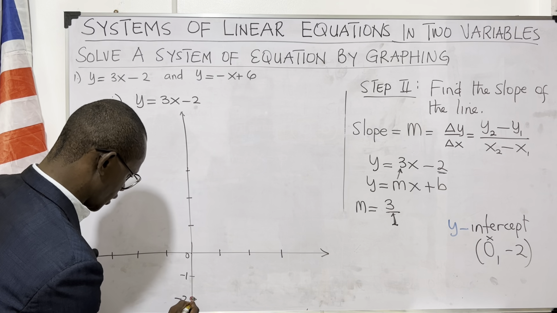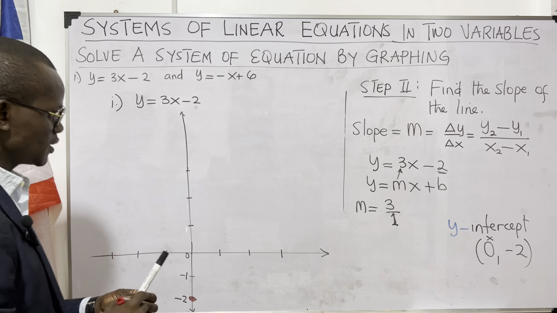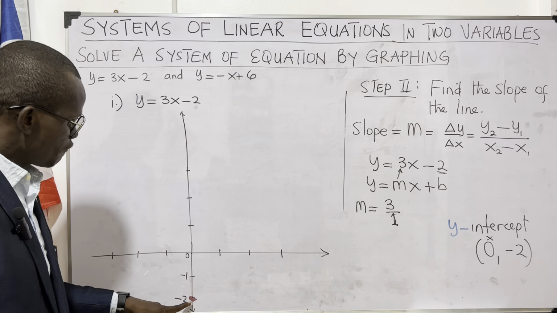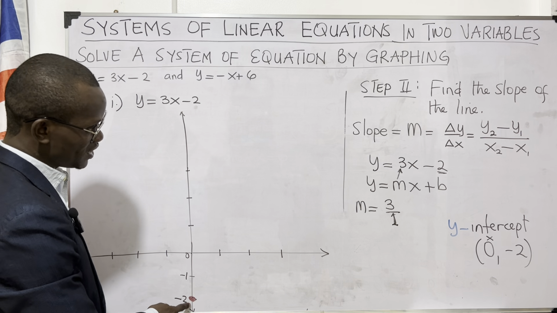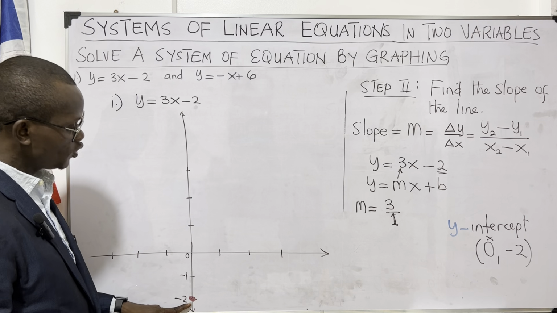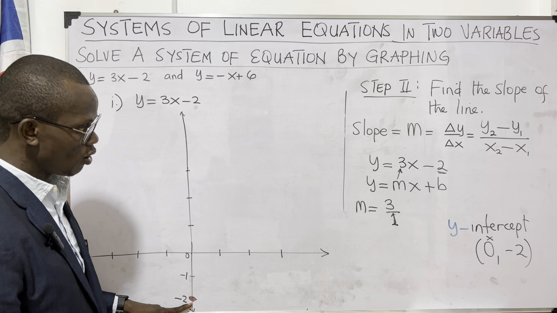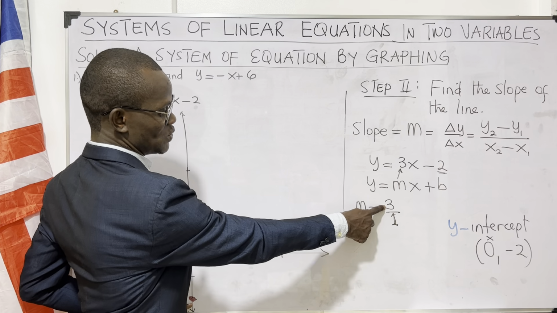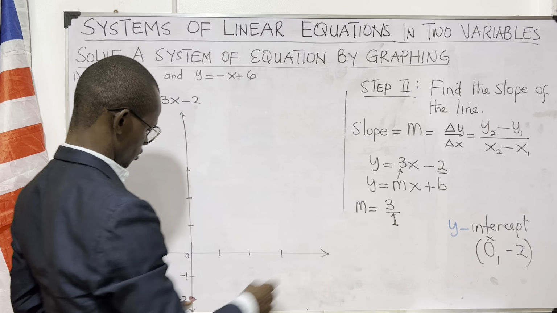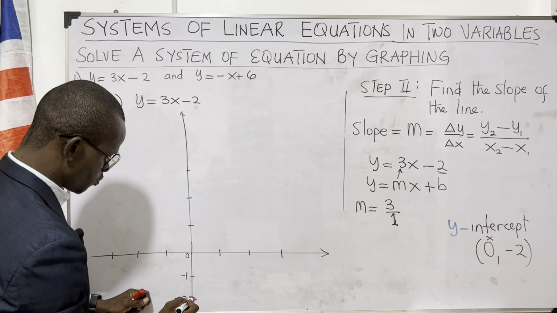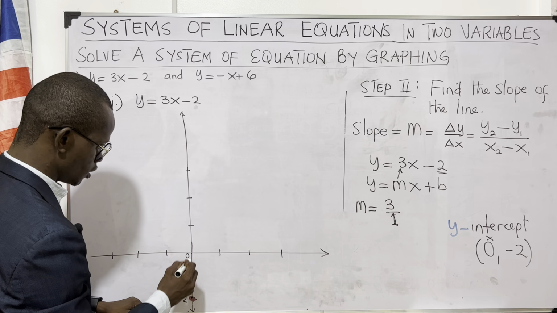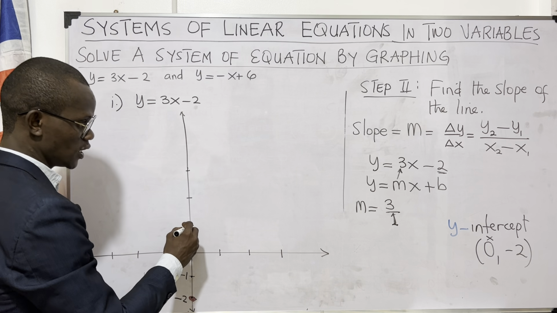So this is right here. What's the next one? Then they said from this particular point, we must move 3 units in the positive y direction. This is 3. So from this point, we move 1, 2, 3.